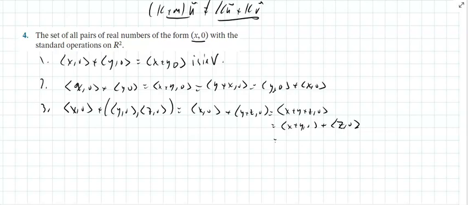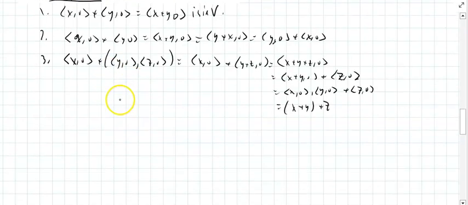Here we're not changing that in this vector space. We're doing standard operations, which is x plus y plus z. So that one holds. Well, if I want to be really picky, I should put parentheses around those.